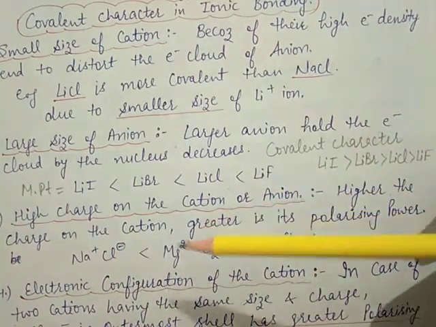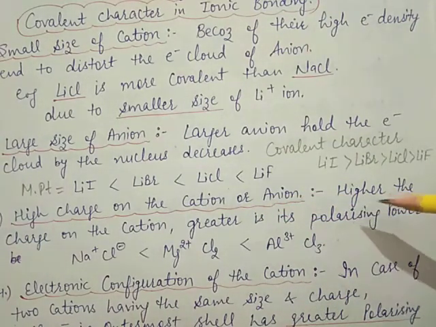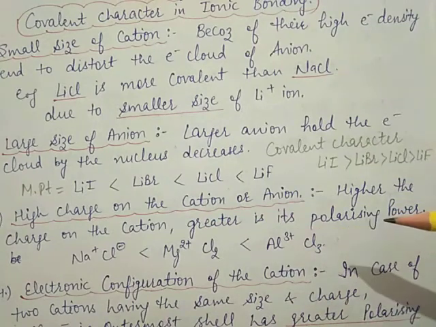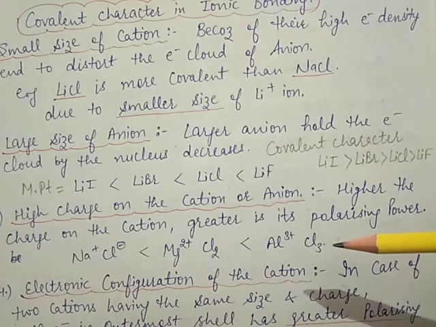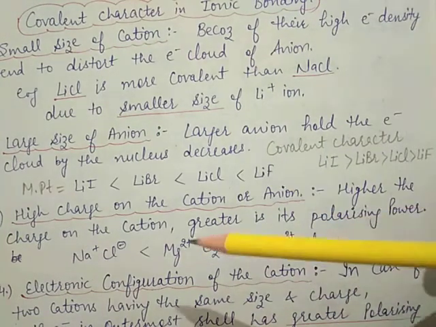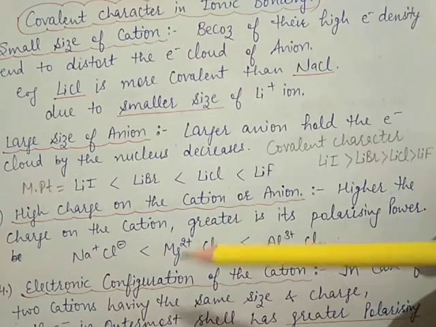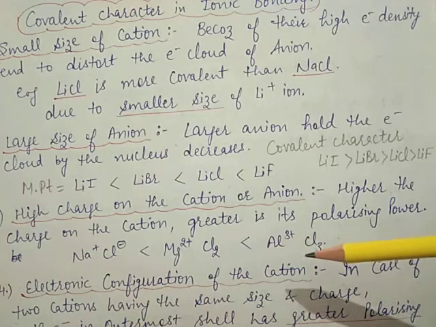Point number 3, high charge on the cations or anions. Means higher the charge on the cation, greater is its polarizing power. Polarizing power means the cation attracts the electron cloud of the anion more easily and strongly. So the covalent character increases. Here we take the example NaCl, MgCl2, AlCl3.